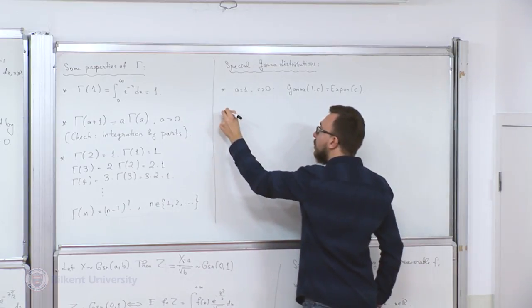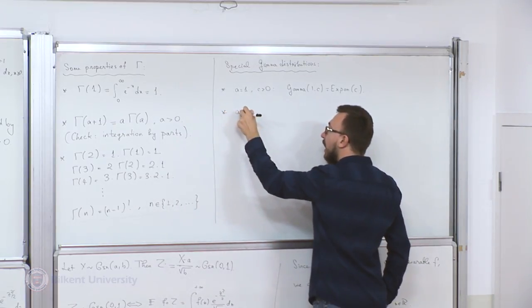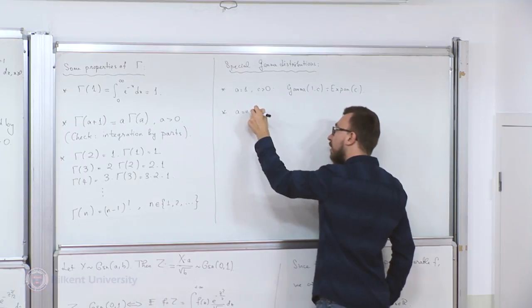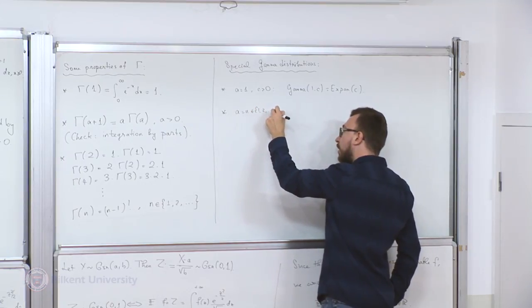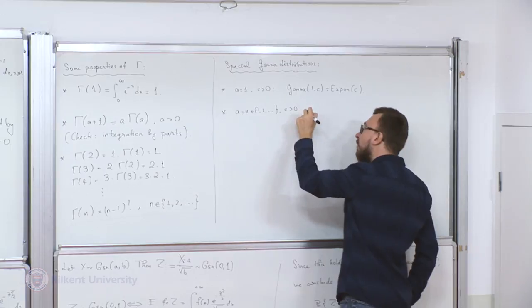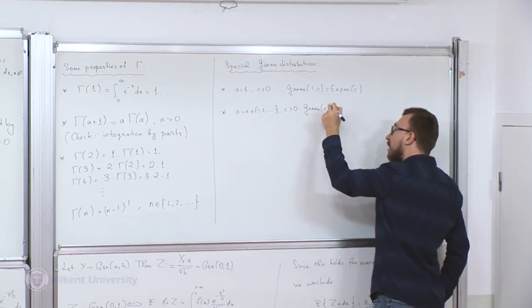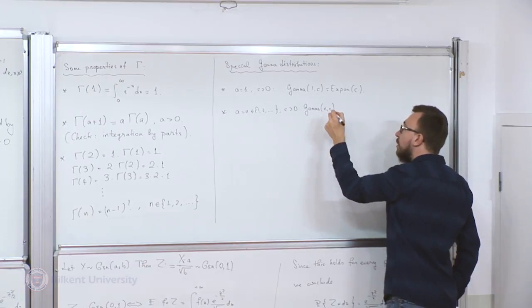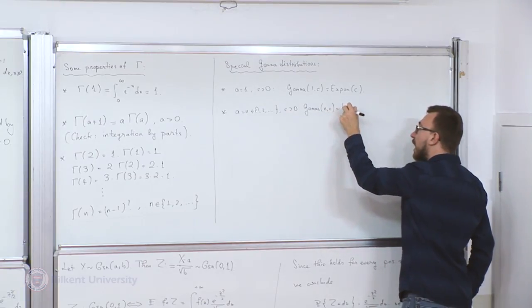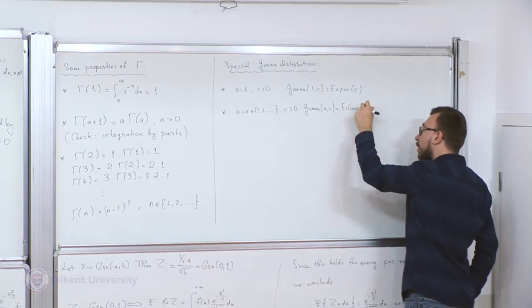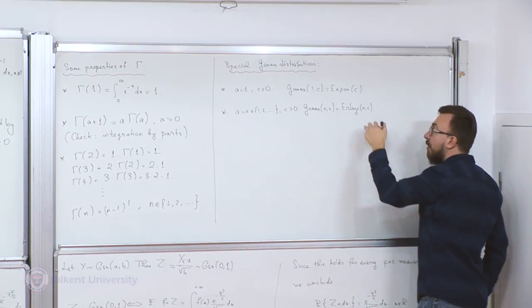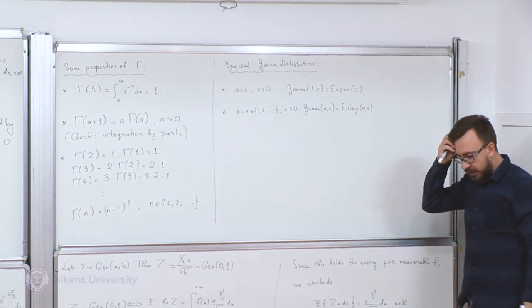When A is an integer, like here, so A n is one of 1, 2, 3, and C is positive, so we have gamma n C. So this is sometimes called the Erlang distribution with, again, the same parameters, just a special case name.